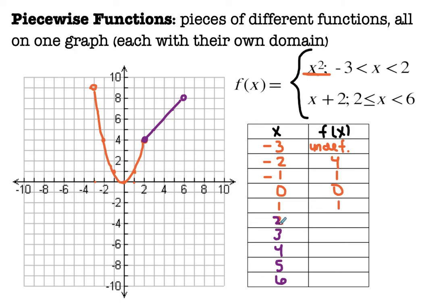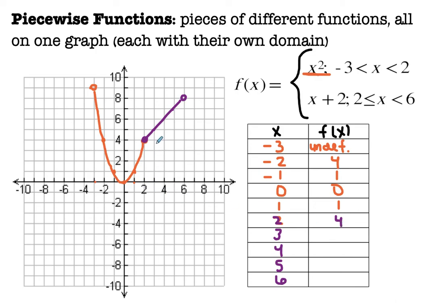But notice what happens when I get to 2. If I go to 2, remember that's no longer defined by my orange graph, my x squared, because that was an open circle, but it is filled in by that purple graph, which was x plus 2. So I do have an answer to this. It's going to be 4.